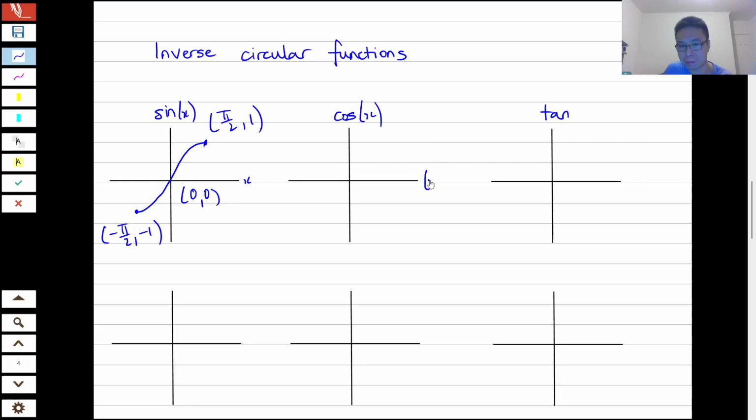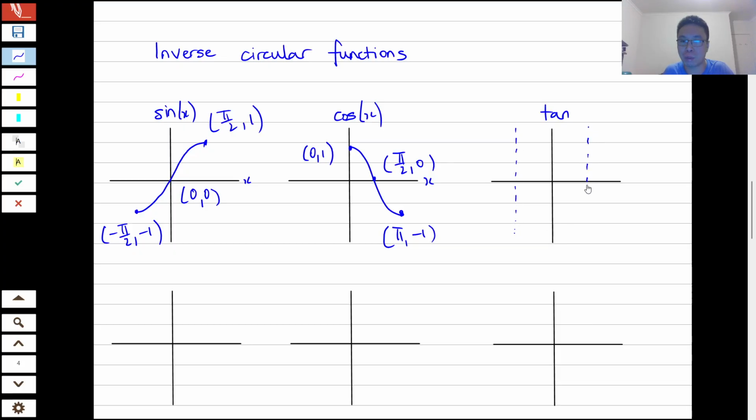Now, cosine is similar, except this time we don't start at negative pi on 2, we actually start at 0. And the reason why should be obvious. If we did it like this it would now be a many-to-one function, which is not what we want. So pi on 2, 0, and 0, 1. Tan is interesting because it has asymptotes.